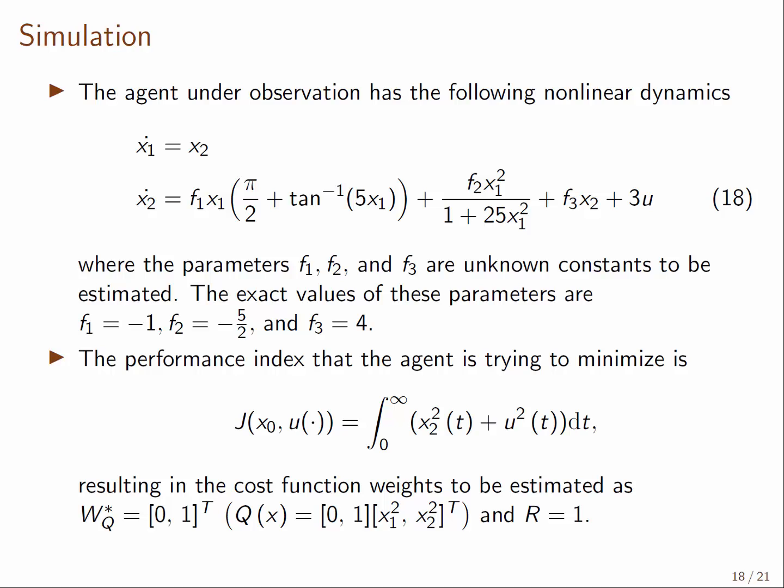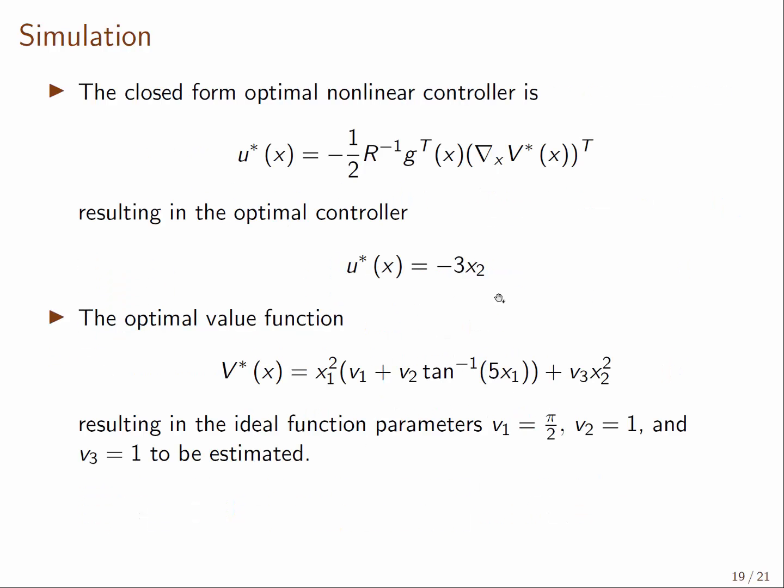We selected this problem because the optimal controller and the optimal value function for this problem are analytically known. The optimal controller is just u star of x equals negative 3x2, and the optimal value function is given down here with the ideal value function weights being pi over 2, 1, and 1.